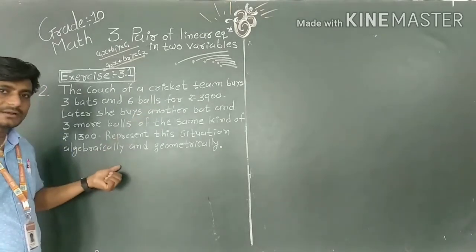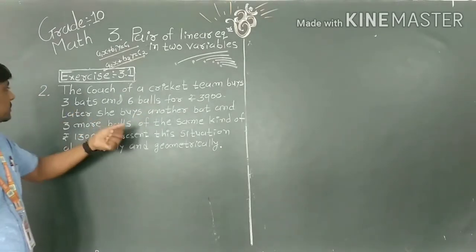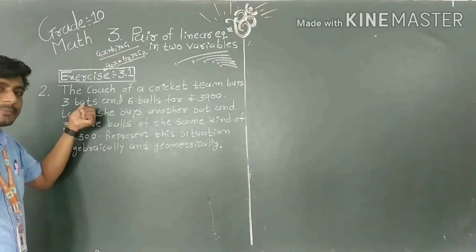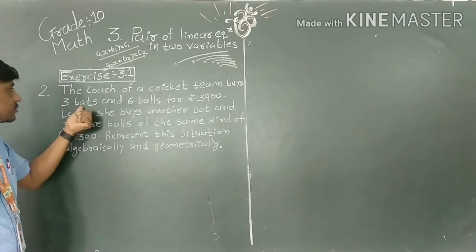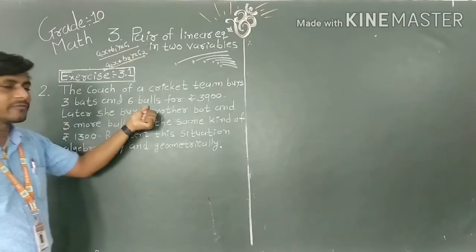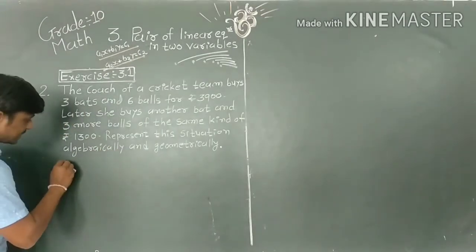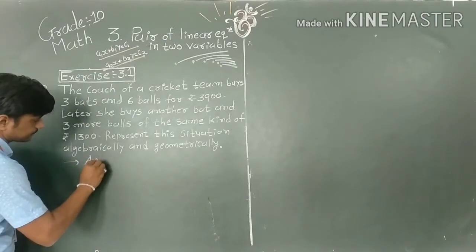We assume that the value of a bat, that means a single bat, one bat, is rupees X and the value of a ball is rupees Y. Let me write the answer.